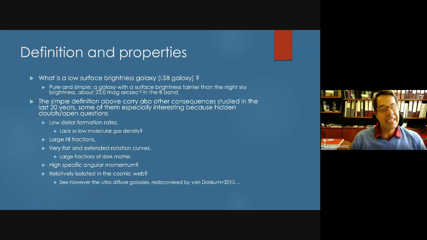But these galaxies in general are not giant, are not large LSBs, regardless that van Dokkum even entitled the paper in 2015 something like ultra-diffuse galaxies of the size of the Milky Way. But in fact, less than 10% of these galaxies are of the size of the Milky Way. Most of them are dwarfs.